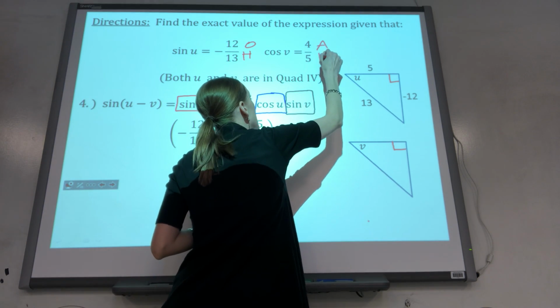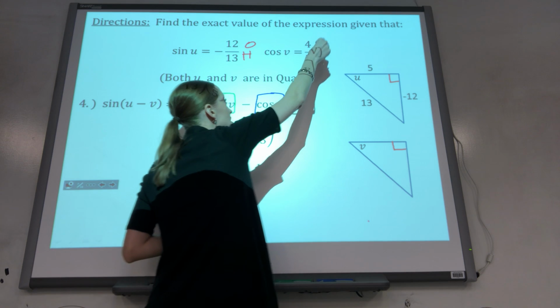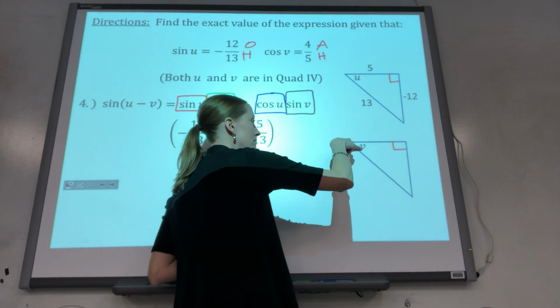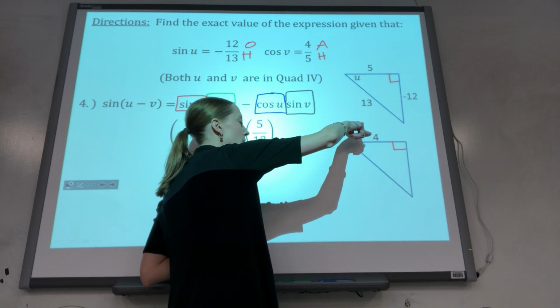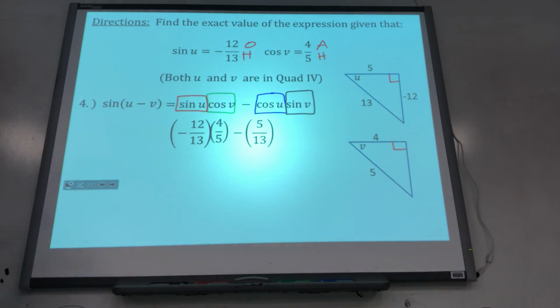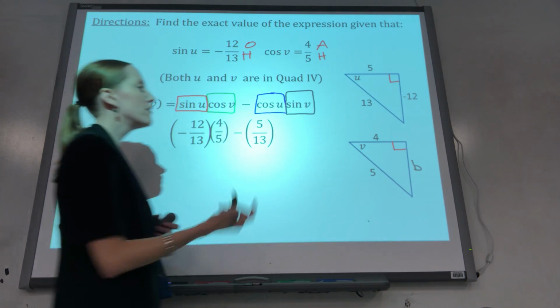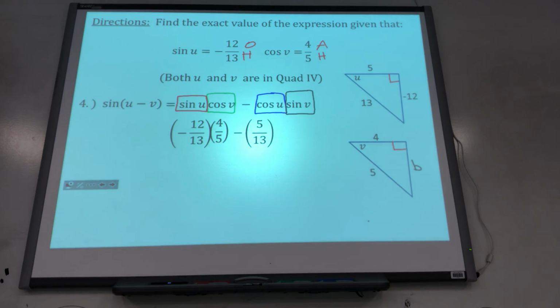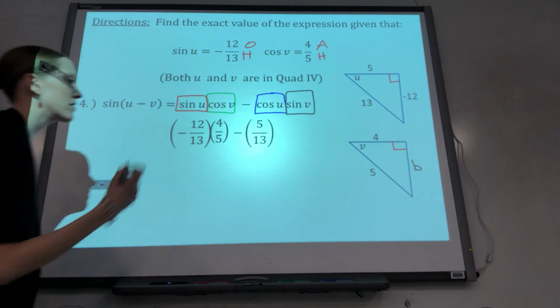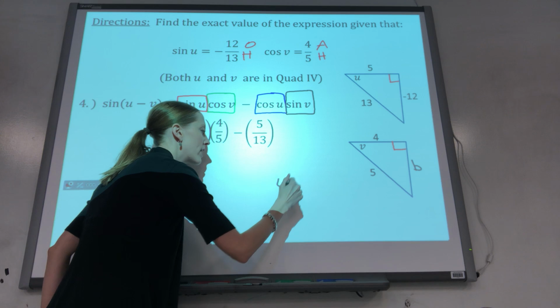SOHCAHTOA tells me that cosine is adjacent over hypotenuse. So 4 on top, 5 for the hypotenuse. And here we go again. We need to find that missing side. I'm calling it B. You can call it A or B, doesn't really matter.